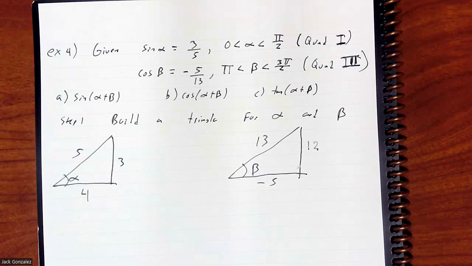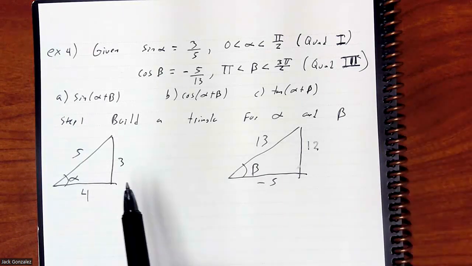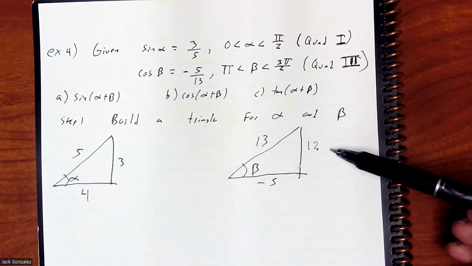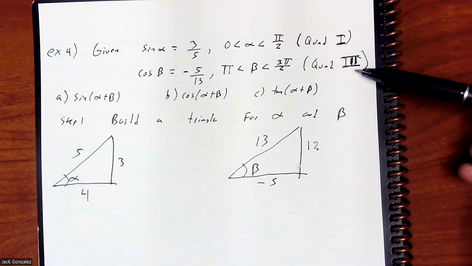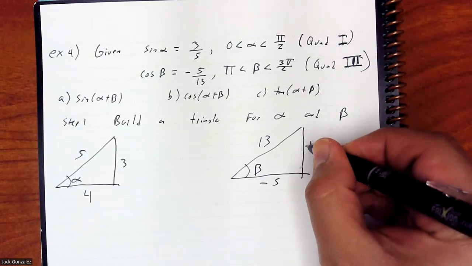But the question is, for the opposite side, the sine part, is sine negative in quadrant 3? Sine is negative, so you got to put a -12.